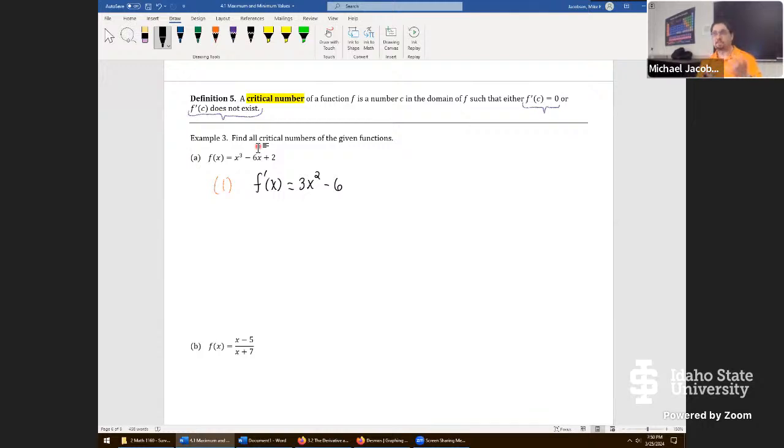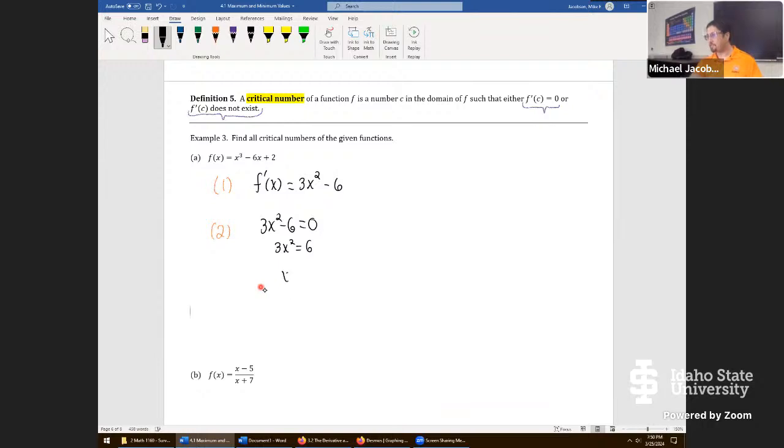Sometimes people combine all these steps into just one major step and write equals 0 right here. If you want to go in order, here's the next thing to do. We're still looking at when f prime of c equals 0. So we take this, 3x squared minus 6, set it to 0 and just start solving that thing. Add 6 to both sides to get 3x squared is 6.